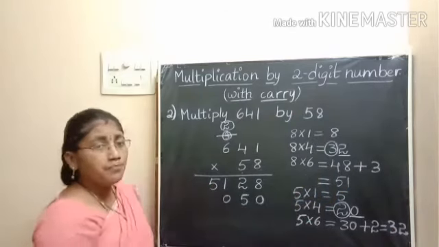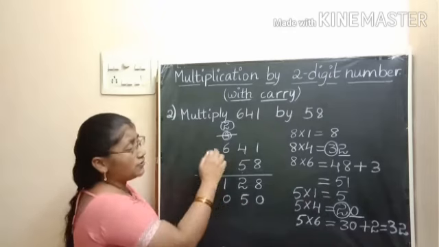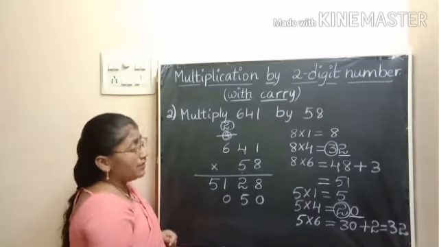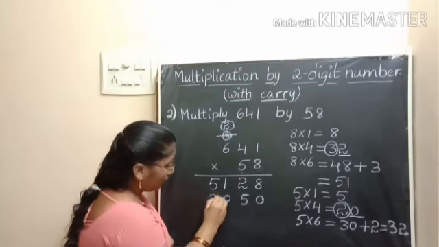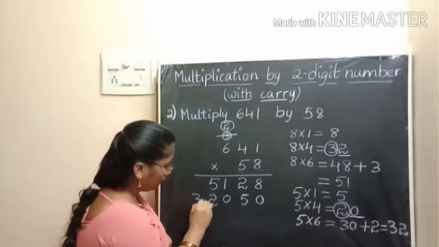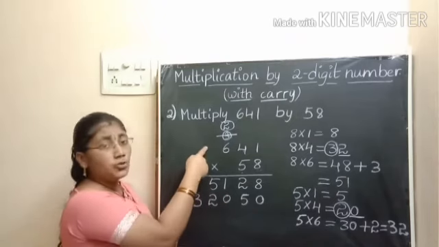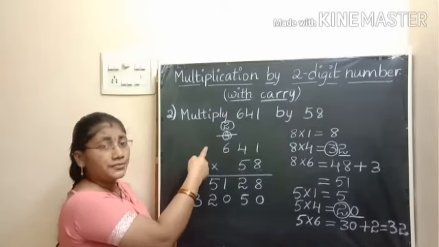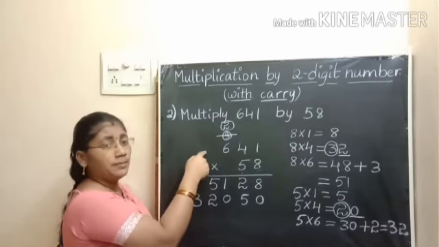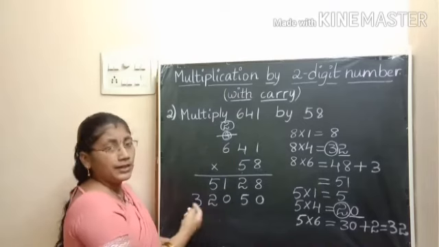That is the final result of multiplication of the digit in the hundreds place. Here we can write 32 directly because there is no other digit to multiply. Understood? That's why I am writing 32 here directly.